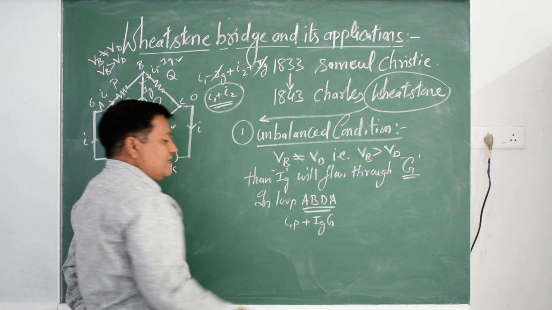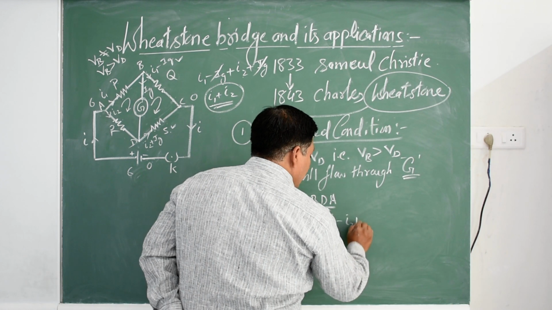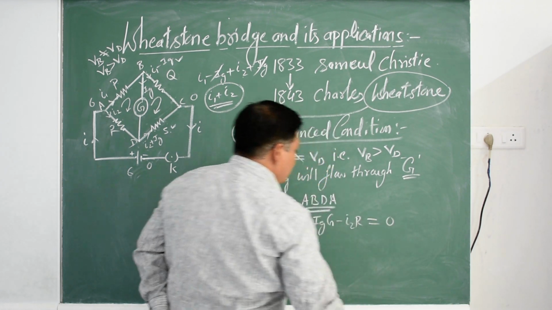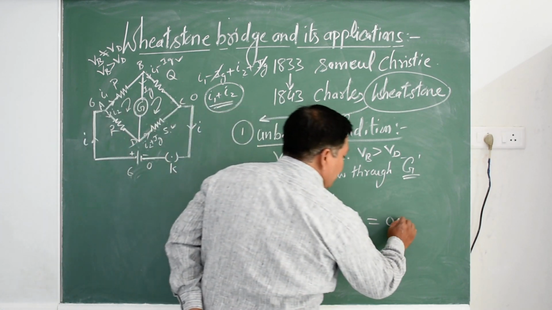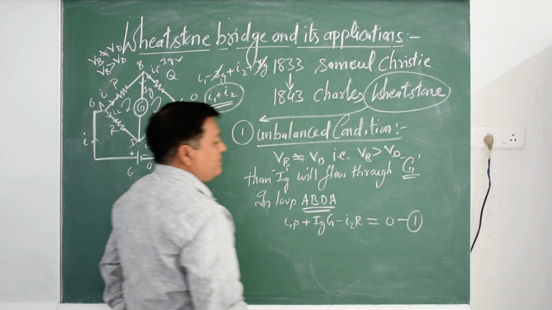So we write minus I2 R, which is equal to 0. This is the first equation according to the first loop in the Wheatstone bridge.